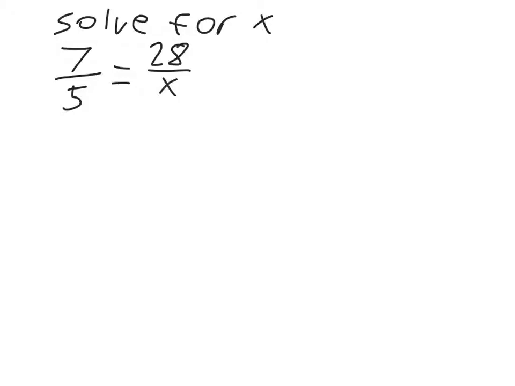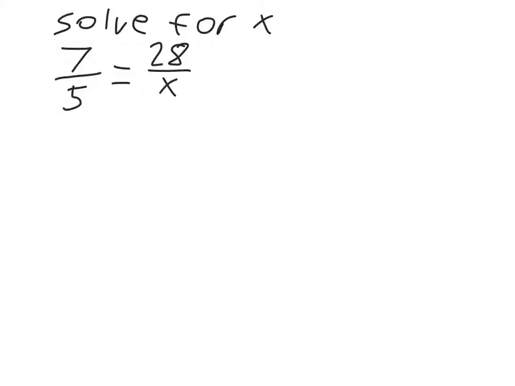So here you have 7 over 5 equals 28 over x. You've got two fractions. The first method is, if you've got two fractions, you know fractions can be reduced, but they can also go in the opposite direction.